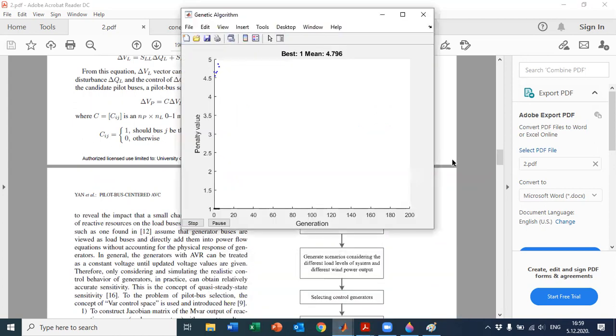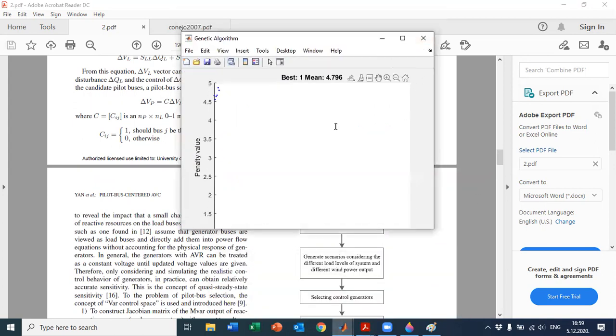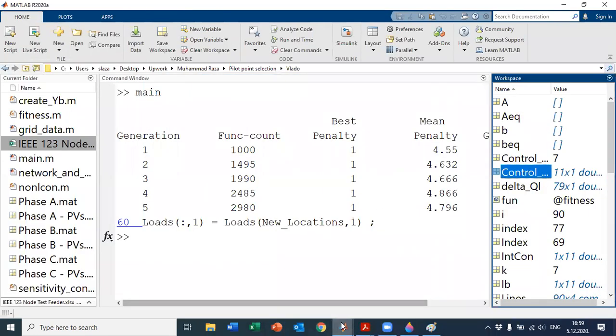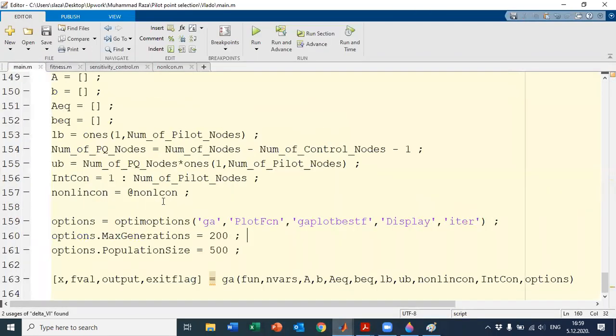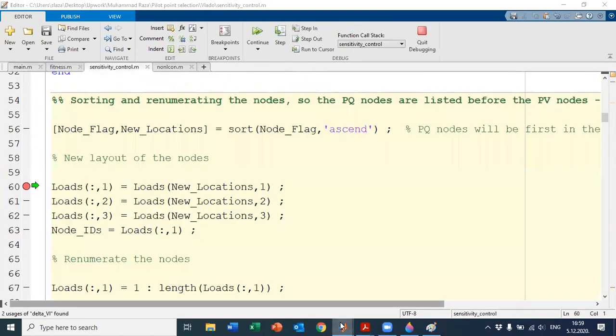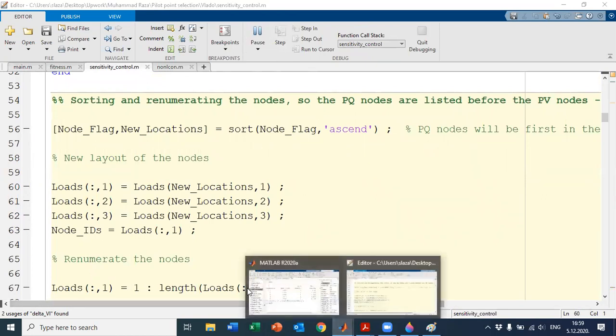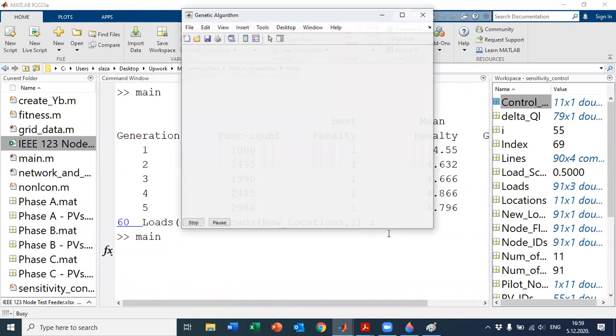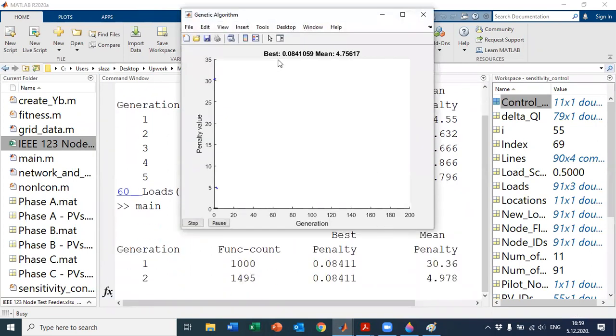So now let me show you how the algorithm works. Basically, we just run the main function, remove the breakpoint, and continue.